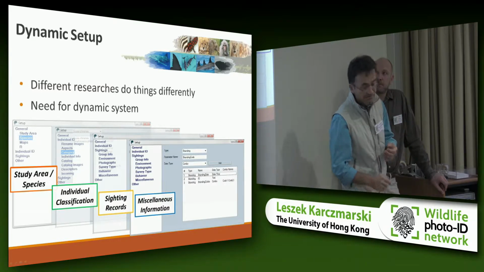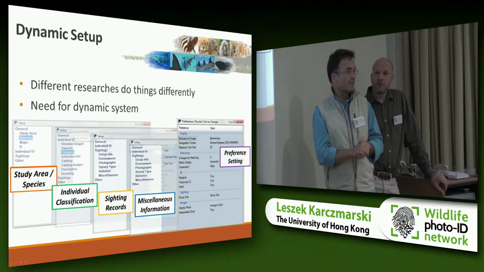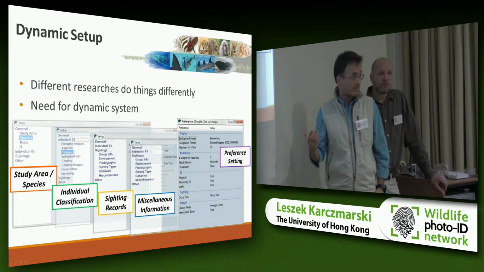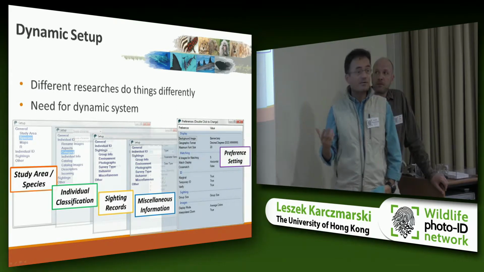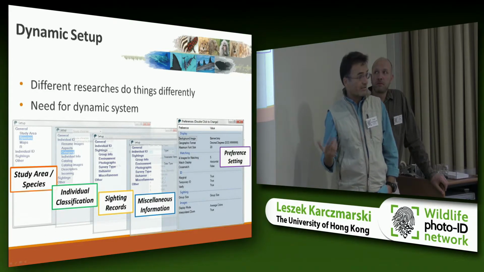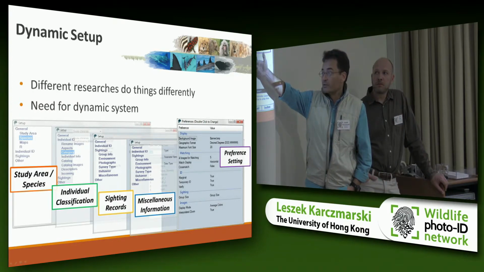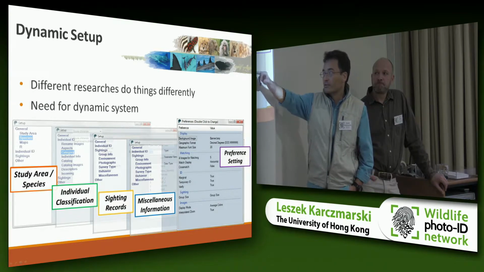And since we all have habits, and habits are sometimes good, sometimes not, but they're very hard to get rid of, some people would have certain preferences of putting data in a certain way. Even in simple things like whether it is decimal point or minutes and seconds in geographic position, whether to use original images, whether to use temporary IDs, or perhaps to verify.